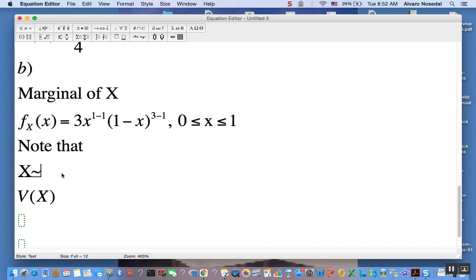When you look at it that way, and you can check that this constant is the right constant, you realize that this has a beta distribution with parameters alpha equals 1 and beta equals 3, right?